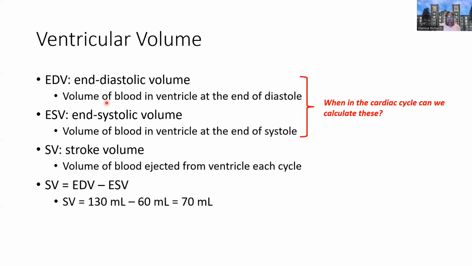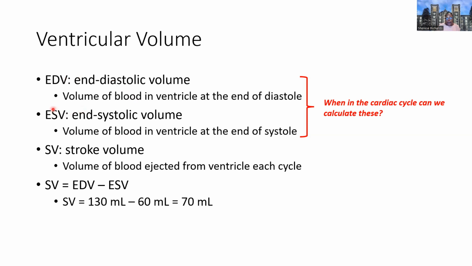Our ESV, or end systolic volume, is going to be the opposite of that. So when blood has left the ventricle, we have ejected blood out into the arteries, and now the semilunar valve has closed, what is the volume of blood left in that chamber at the end of systole, right?